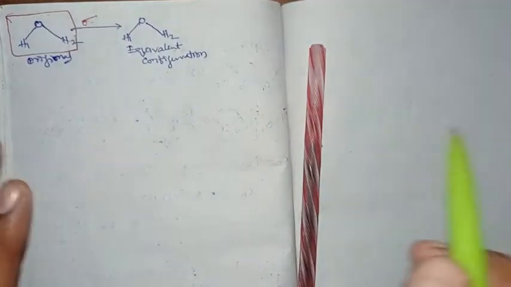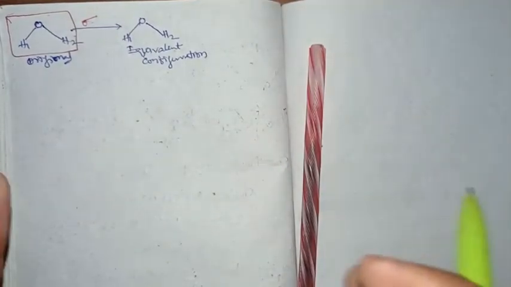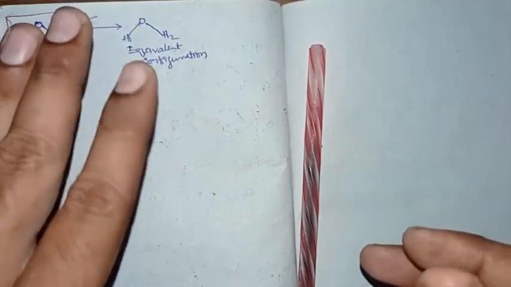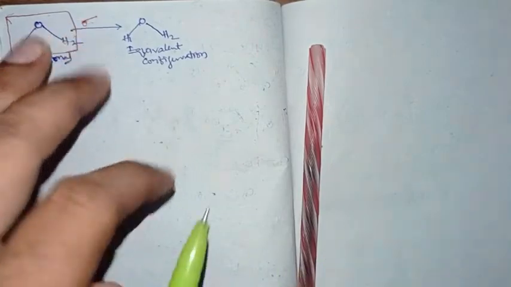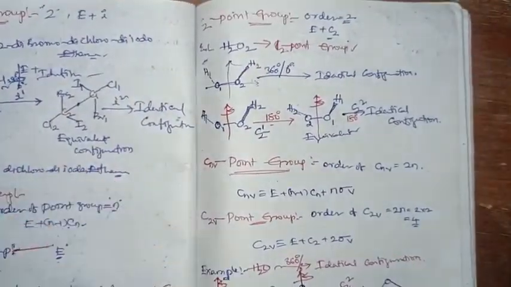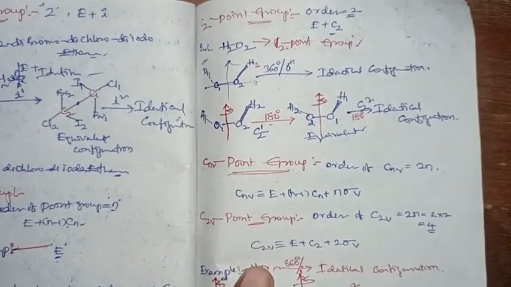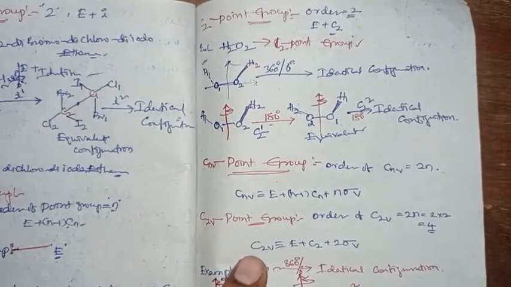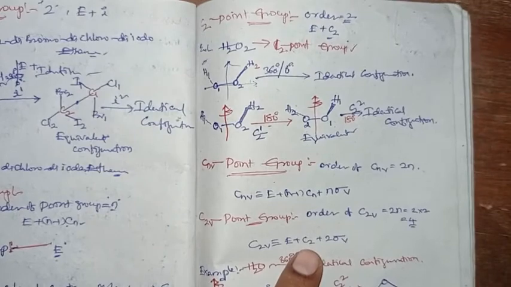So here we have to check whether the plane is vertical, horizontal or dihedral, right? When we check, the possibility of dihedral can never be there, because this particular molecule has only one C2.